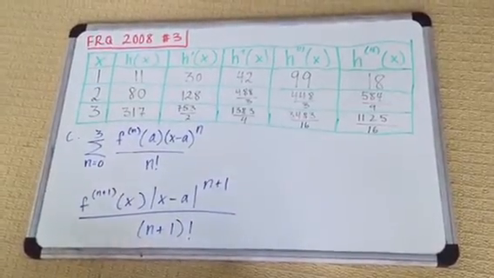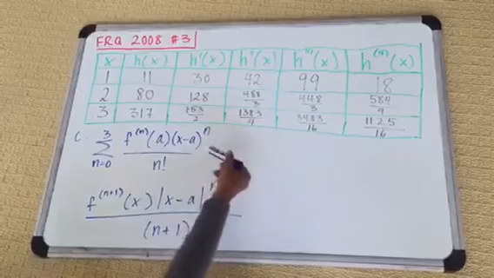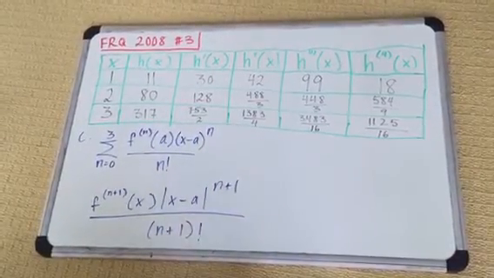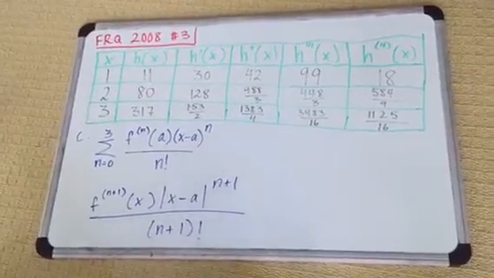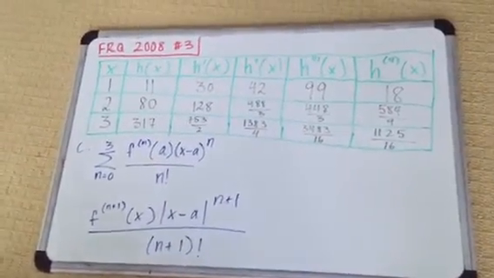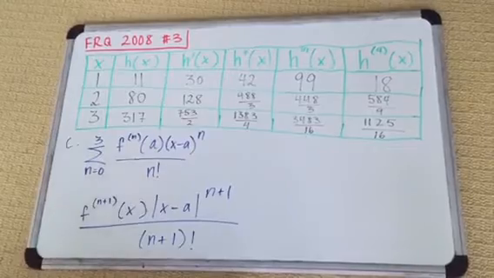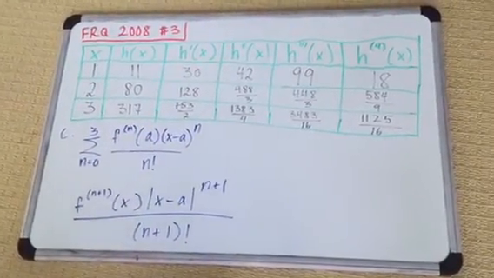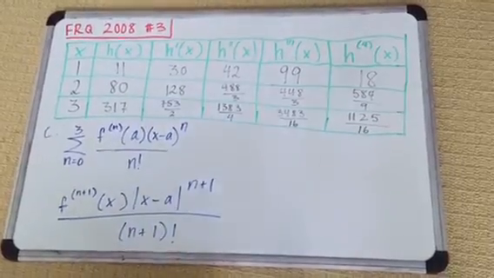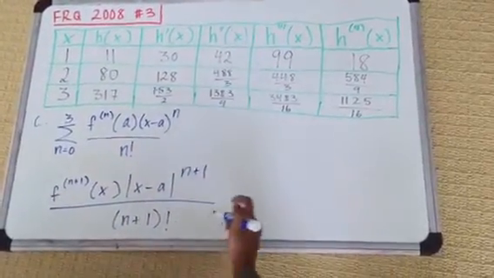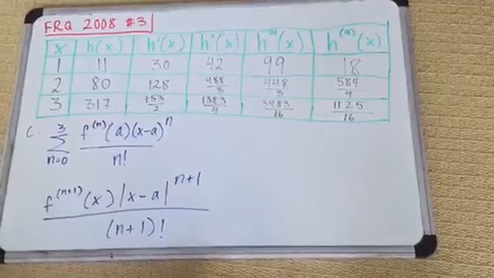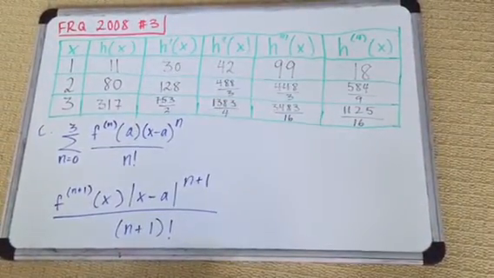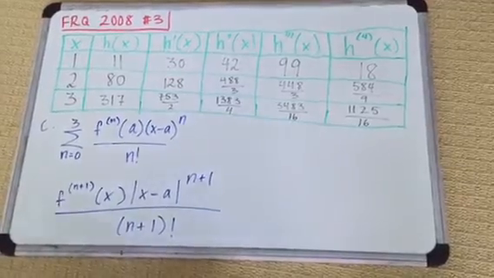It's interesting to note that this formula is very similar to this formula, except it's just the next term. So I think that's significant because it shows that the error is just the next term. So that's a helpful way to remember the formula. So now we plug in values. So we want to bound to show that the third degree Taylor polynomial for h approximates.